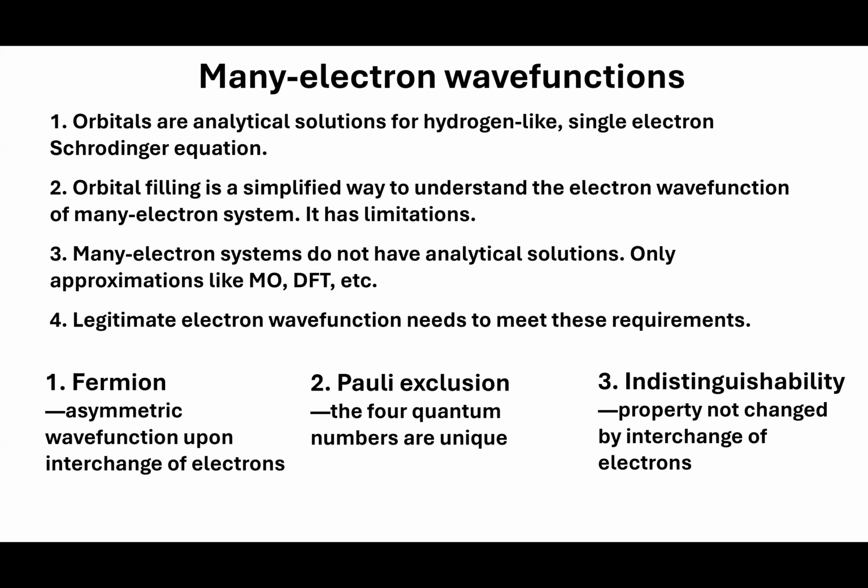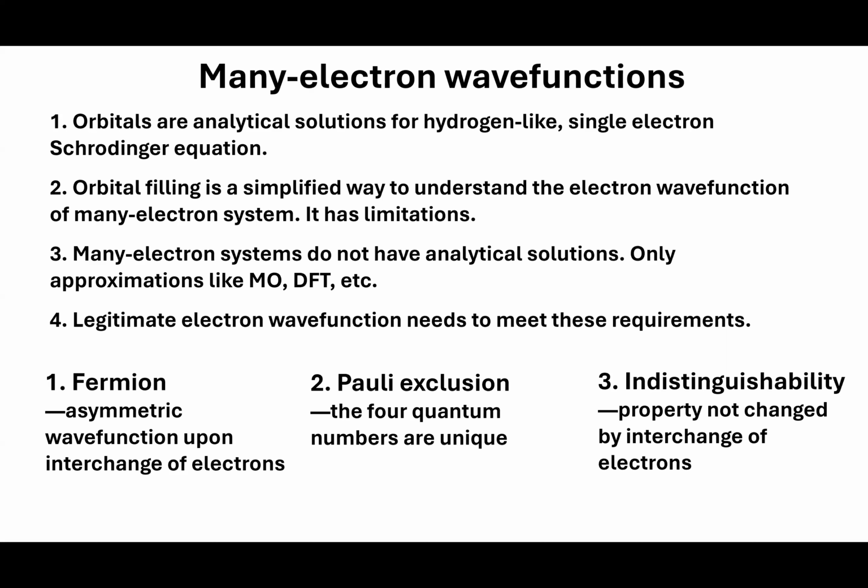They are all the analytic solutions to the hydrogen-like Schrodinger equation. When you have a Schrodinger equation, and in your Hamiltonian you do not have electron interaction, you only have the kinetic energy and the potential energy, it's totally solvable.